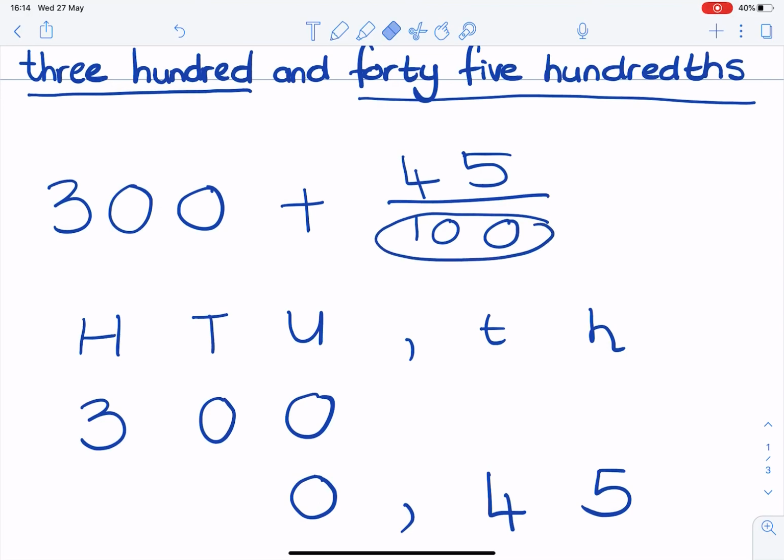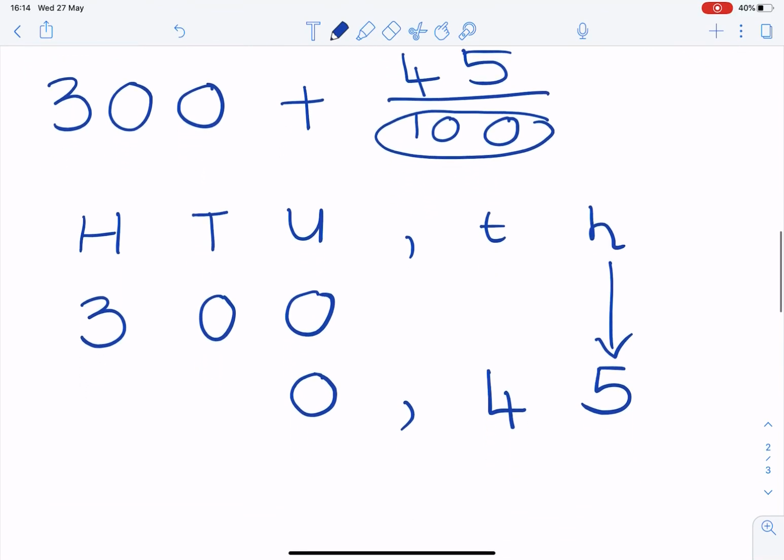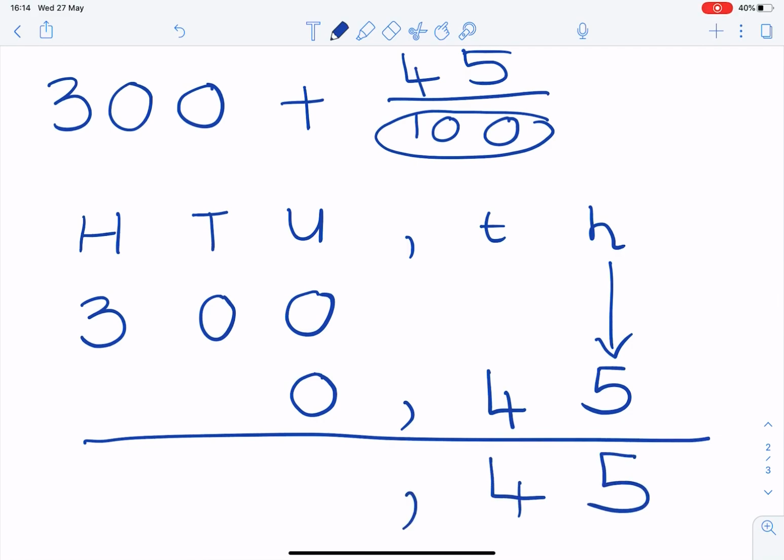Hundredths must end in the hundredths column. And if we add that up, we get 300 and 45 hundredths.